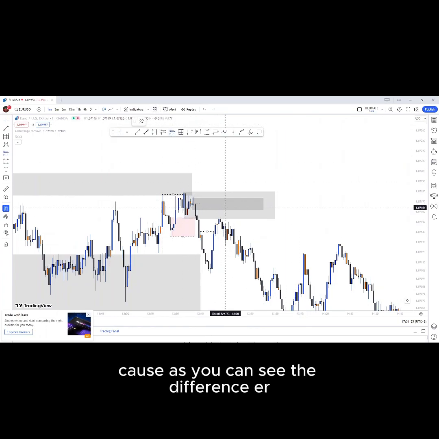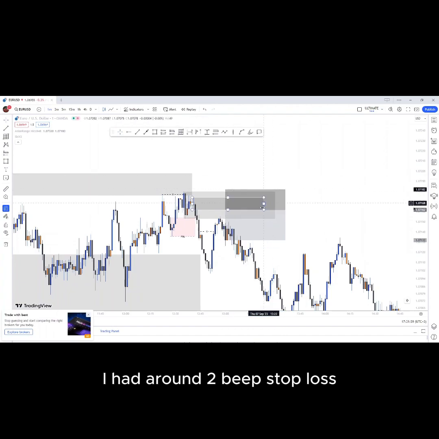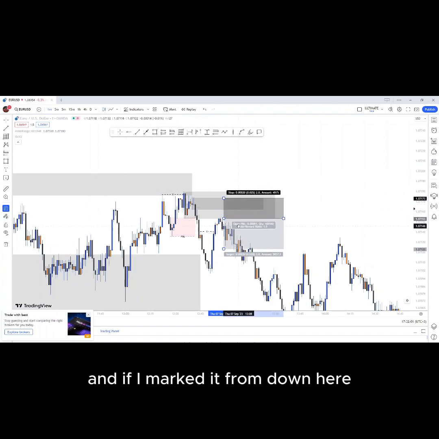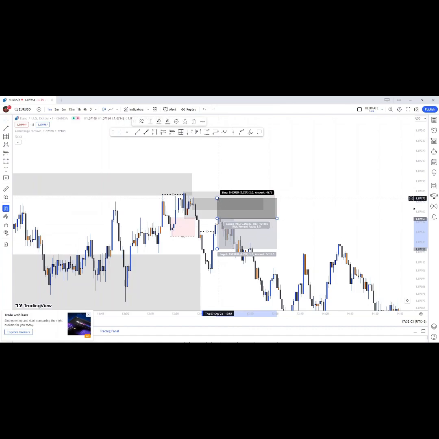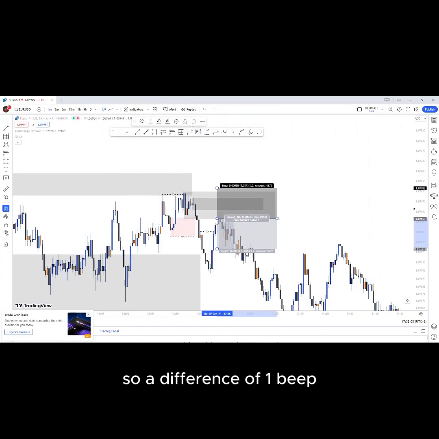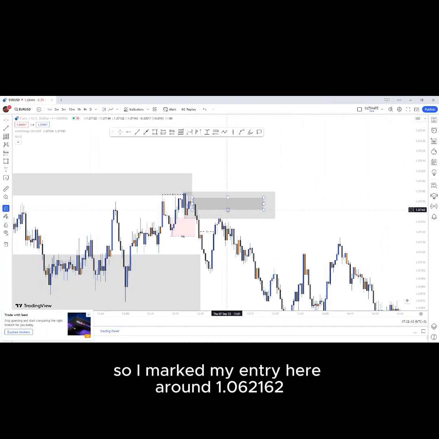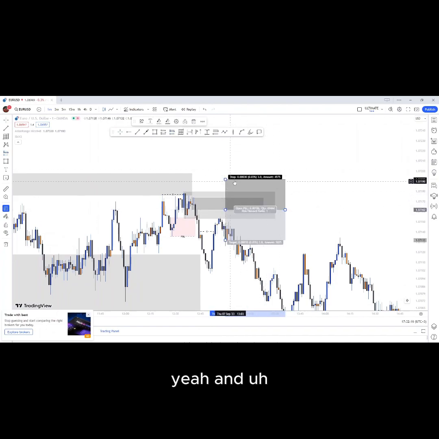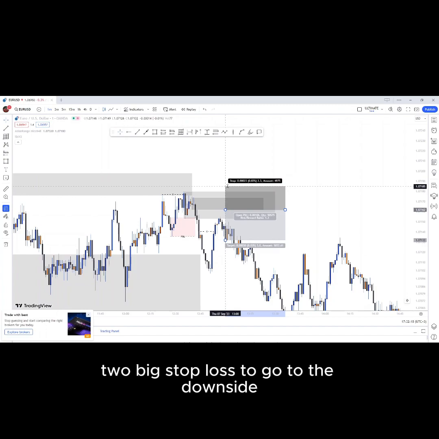Because as you can see the difference, I had around 2 pips stop loss. And if I marked it from down here, which I would not have missed the trade, I would have around 3 pip stop loss. So a difference of 1 pip. So I marked my entry here around 1.062, and I had 2 pips stop loss to go to the downside.